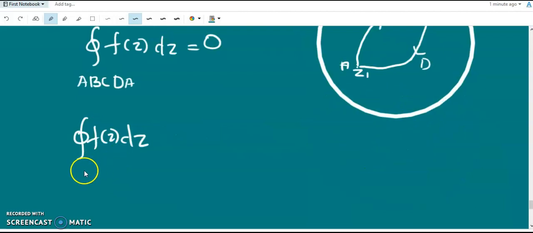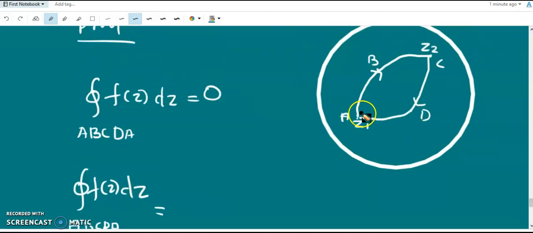We can see that the closed integral of f of z dz over this closed curve A, B, C, D, A can be split into 2. From this figure it is clear that the closed integral over this curve can be written as the line integral of f of z dz over the curve A, B, C plus the line integral of f of z dz over the curve C, D, A. The sum of these two line integrals is the closed integral.